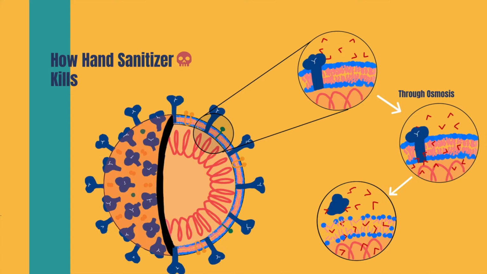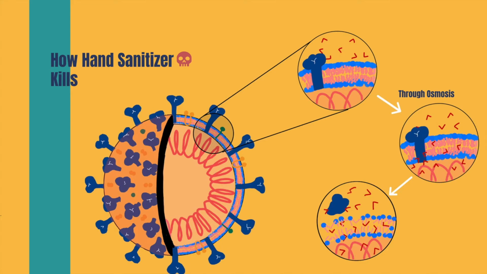Also, the spike glycoprotein of SARS-CoV-2 will denature. The shape of the protein is held together by hydrogen bonding in the tertiary structure. Ethanol interferes with these hydrogen bonds by forming hydrogen bonds with the parts that were supposed to be connected to one another.